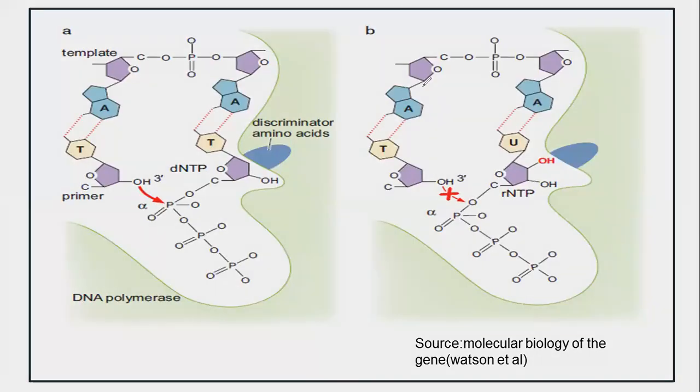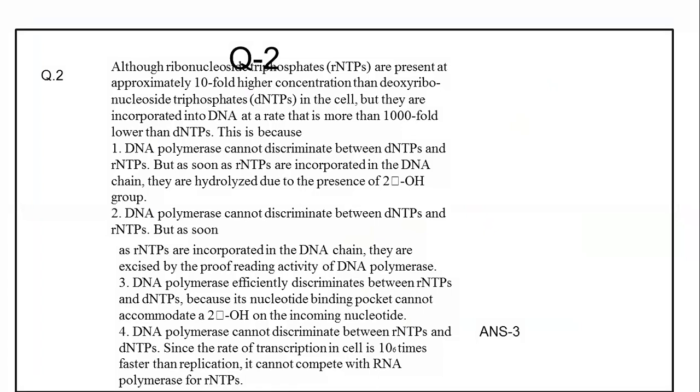Now see the options. The third option says DNA polymerase can efficiently discriminate between RNTPs and DNTPs because its nucleotide binding pocket cannot accommodate a 2' OH on the incoming nucleotide, right?